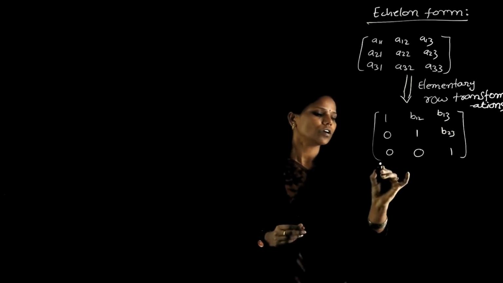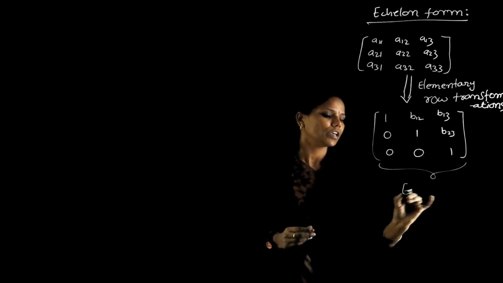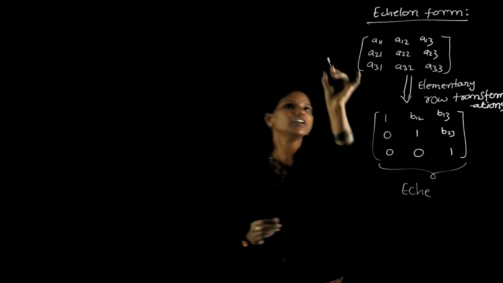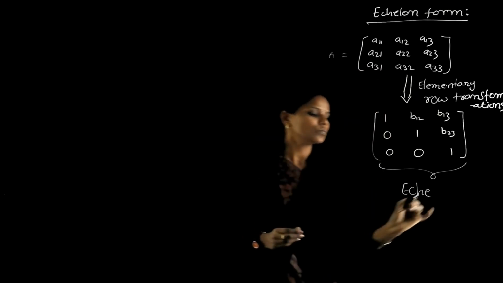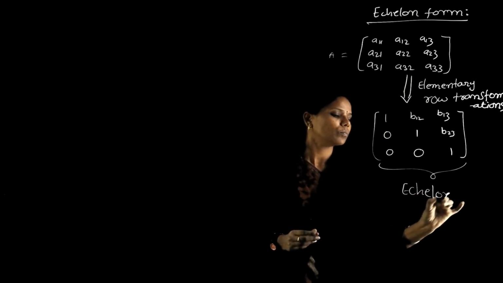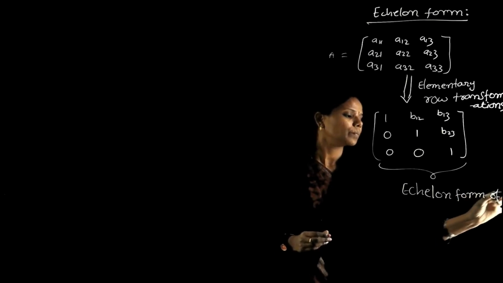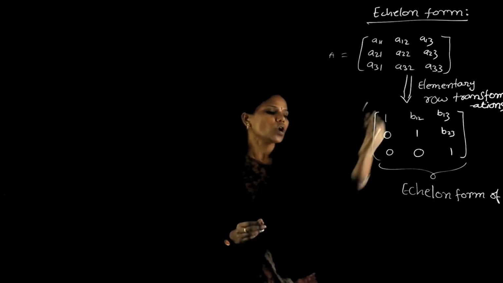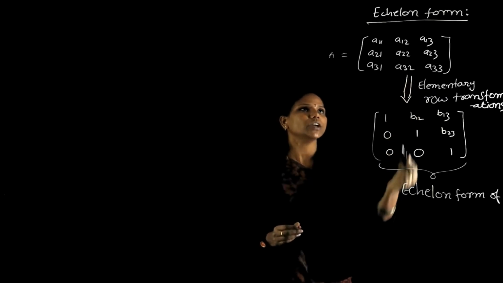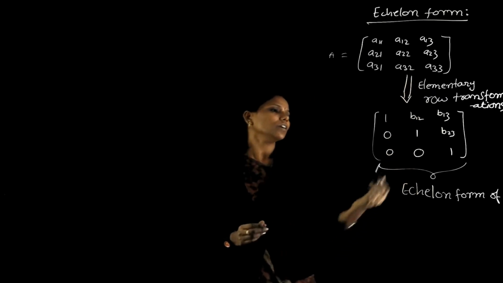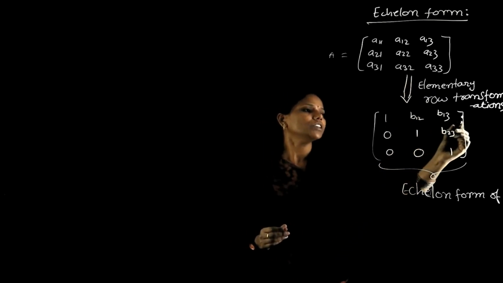This form is called echelon form of A. If you treat this matrix as A, this form is called echelon form of A. So after converting this matrix into echelon form, now we can count the number of non-zero rows.